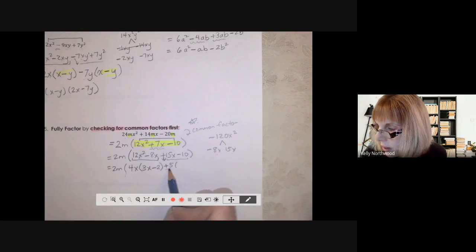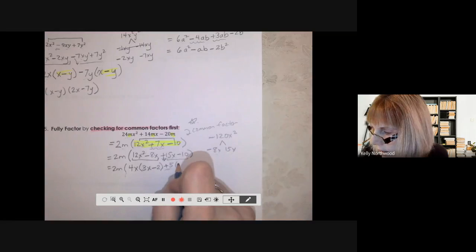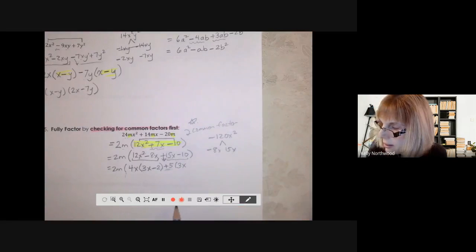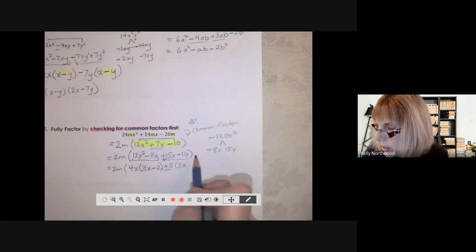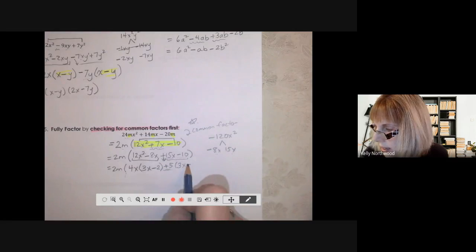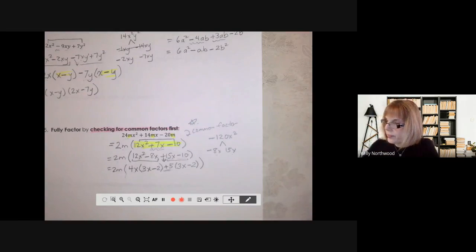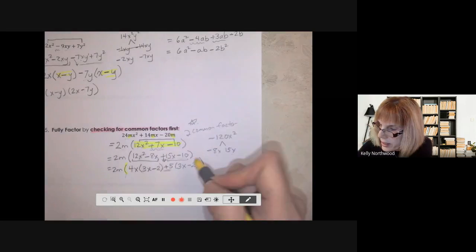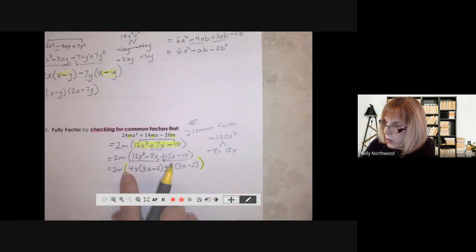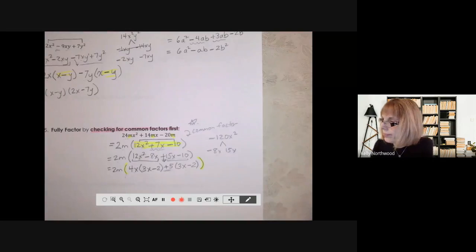So it's a positive 5. What do I multiply positive 5 by to get positive 15x? 3x. And what do I multiply positive 5 by to get negative 10? Negative 2, closing bracket, and then this closing bracket. So this and this, open and close. Here's an open and close, and here's an open and close.